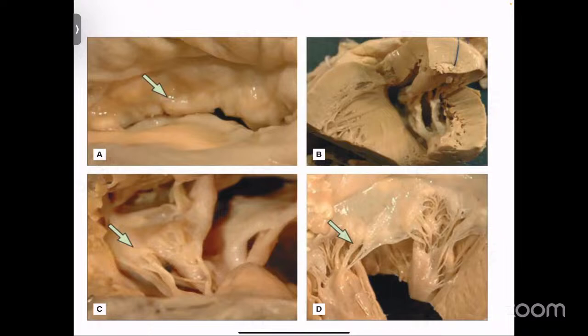And we can also appreciate the calcium that is present in the commissures, and the commissural fusion here, in both the right upper image and the left lower image.